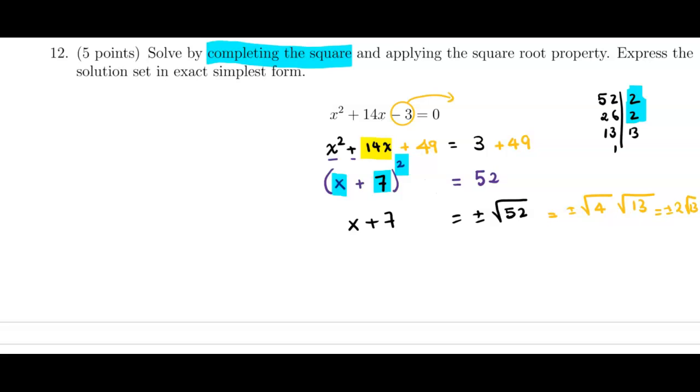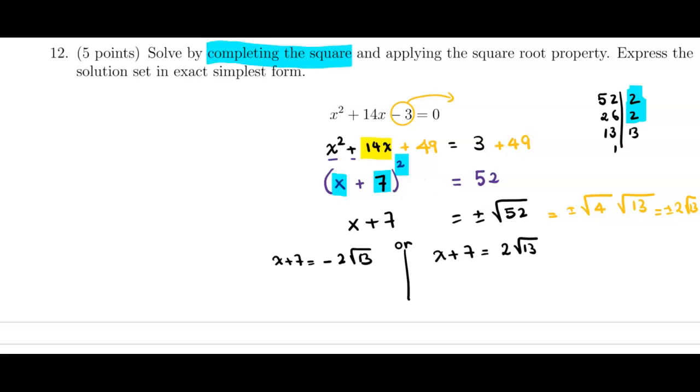Now going back to my equation, I have 2 outcomes again. Either x plus 7 equals negative 2 radical 13, or x plus 7 equals 2 radical 13.